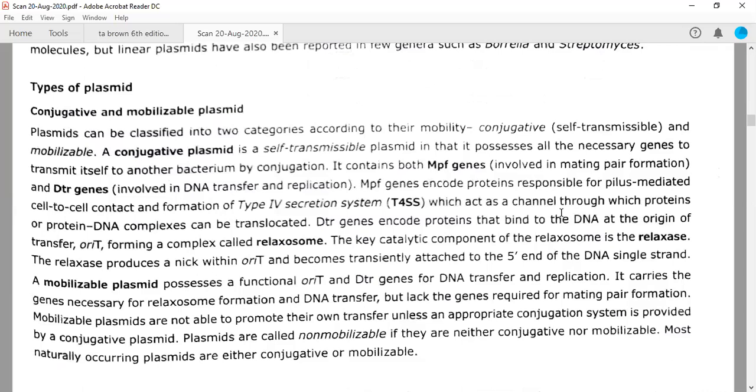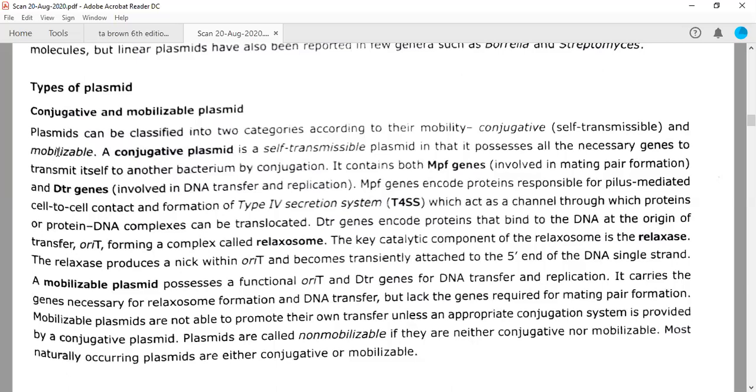Now, types of plasmids, as we have discussed, but the genes given in this and the relaxosome complex, these terms we need to discuss. So first of all, the conjugative plasmid is a self-transmissible plasmid, and this is also called mobilizable.